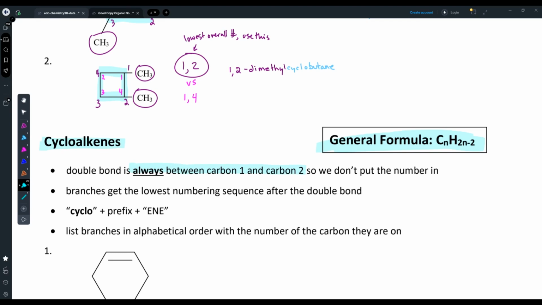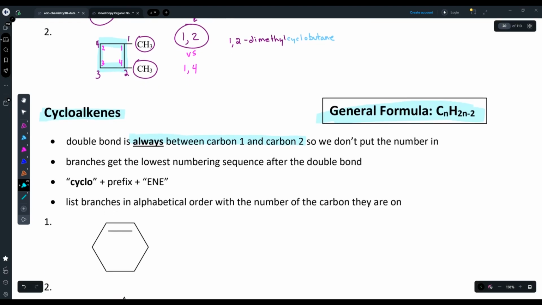For just alkenes, so not cycloalkenes, if the double bond starts on something other than carbon 1, then you would have to specify which carbon it starts on. Okay, but for cycloalkenes, you always put it so that the double bond starts at carbon 1 and is in between carbon 1 and 2.